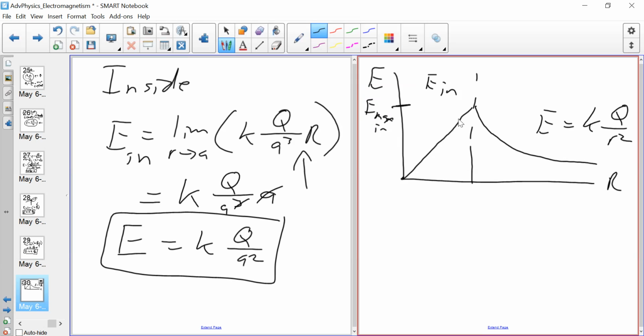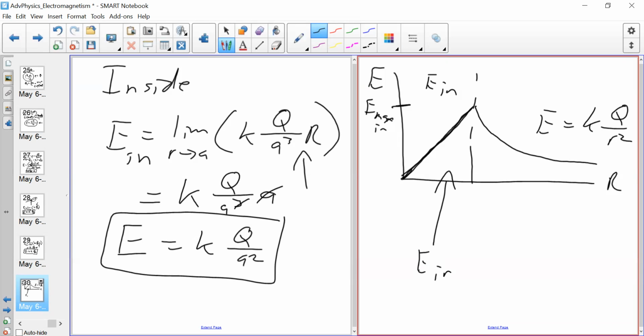But this graph, just to make some sense out of it, is growing proportionate to the radius r. Again, wait a minute, we got r squared. It's not a line. Well, let's look at what happens.